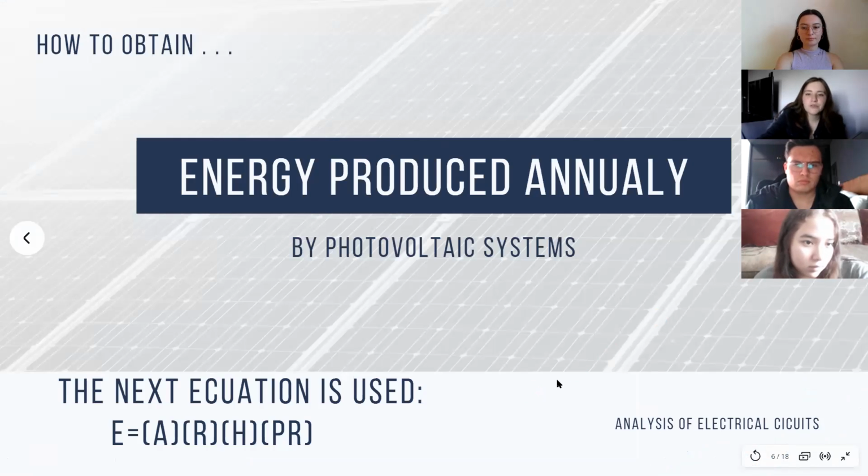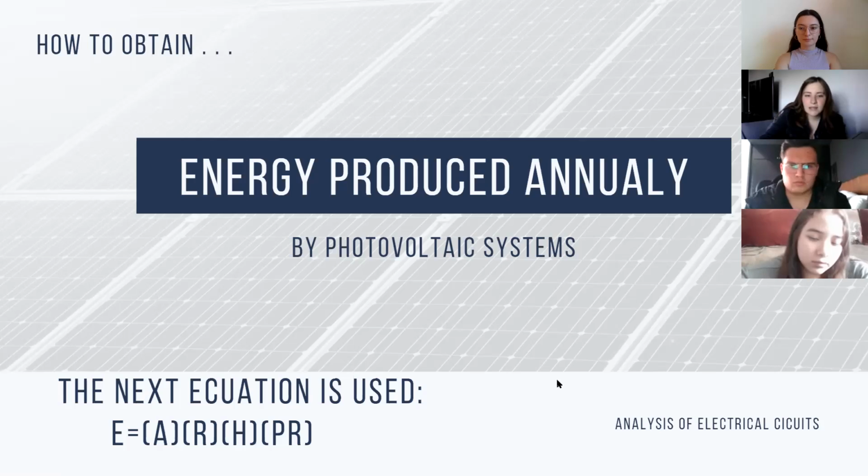The energy produced annually. In order to calculate the exact energy that is produced annually by a photovoltaic system, you have to use the formula seen in the picture, where E, energy, equals A multiplied by R multiplied by H multiplied by PR.